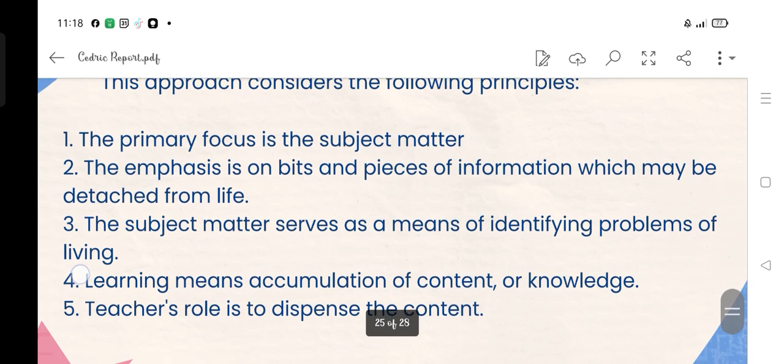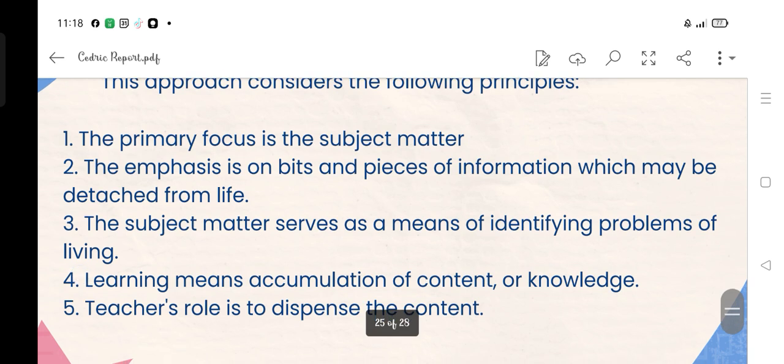Ayan. First one, the primary focus is the subject matter. Second one, the emphasis is on bits and pieces of information which may be detached from life. And then number 3, the subject matter serves as a means of identifying problems of living. And then learning means accumulation of content or knowledge.